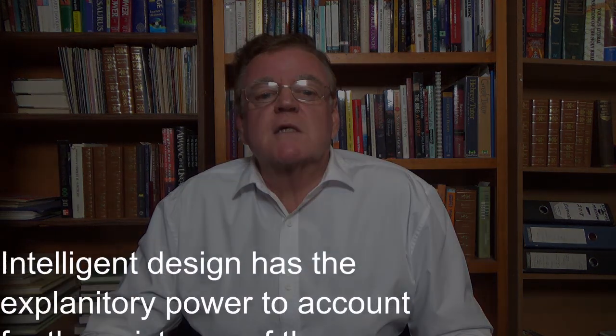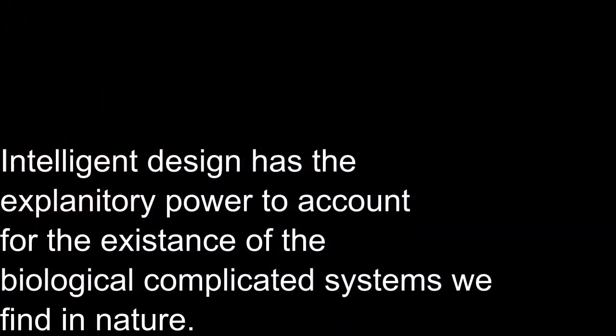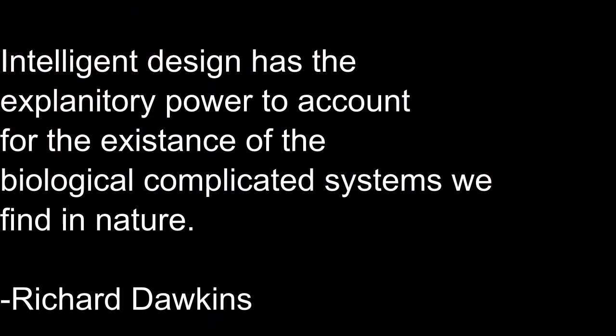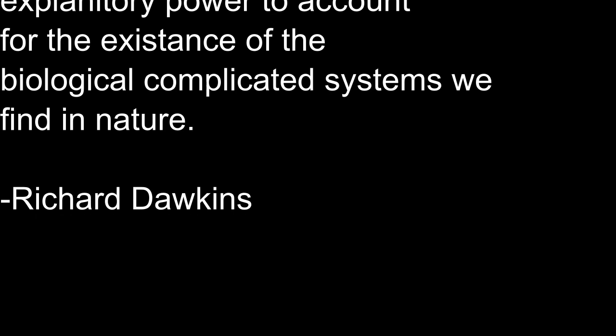In other words, Dawkins unintentionally demonstrates in chapter 3 how intelligent design has the explanatory power to account for the existence of the complicated biological systems we find in nature. Well, that briefly sums up chapter 3 of his book. In the next videos I'll be covering more of his chapters in the book entitled The Blind Watchmaker.